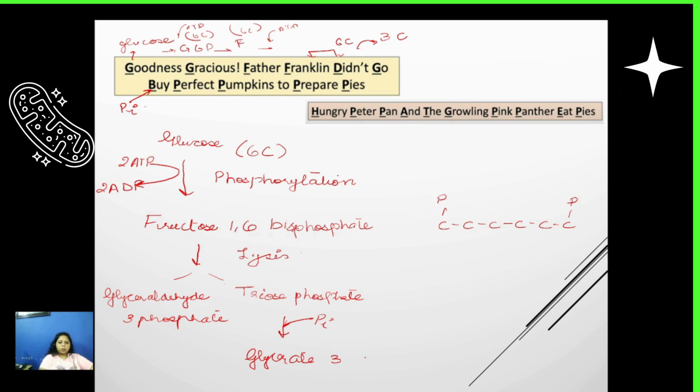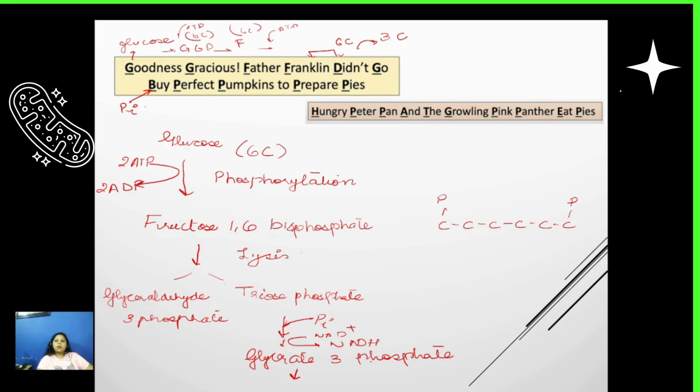So ultimately it forms glycerate 3 phosphate when there is an addition of NAD, and it is reduced to NADH plus H plus. Okay, the next step is then again phosphorylation takes place.